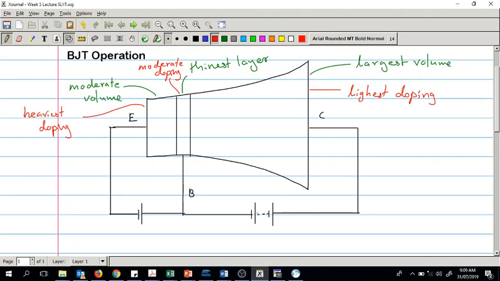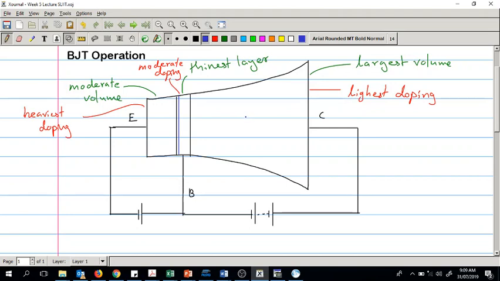Now that this is reverse biased as well, and the base is a very thin layer, and we have a larger reverse bias voltage here, what will happen is that the depletion layer will occupy the majority of the volume of the base. Now what about the collector side? The collector has a very light doping concentration.